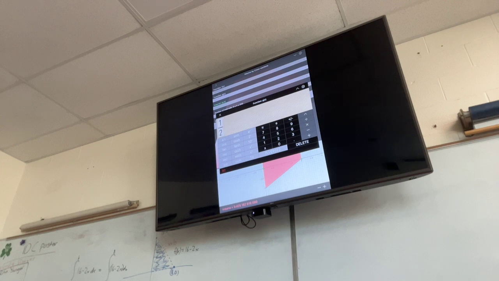This app is nice, but the way you put in the functions is terrible. I want to put a negative in front. Wait, no, that's going to be imaginary. I did it this morning while I was prepping, and I forgot how to do it.